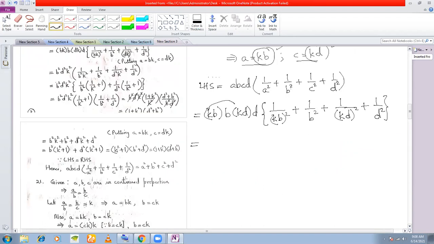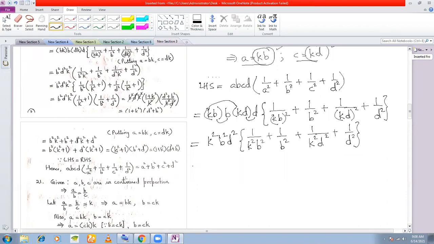So you have K and K here becomes K square, and you have B twice, so this becomes B square, and you have two D's also, so it becomes D square. 1 by K square B square plus 1 by B square plus 1 by K square D square plus 1 by D square.